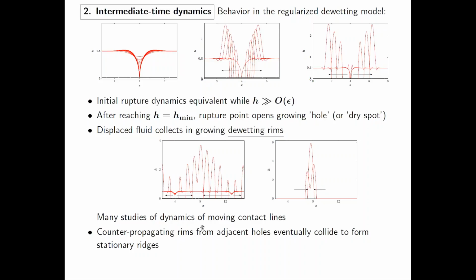There are many studies that have gone into doing asymptotics and numerical simulations of these moving contact lines. And if you have more than one rupture happening in a domain, so here you'll have a hole opening up, and here you'll have another hole opening up, and the counterpropagating rims will eventually collide and form droplets where all the fluid is collecting, while the surrounding areas are all effectively dry except for a nano-layer thin fluid layer.